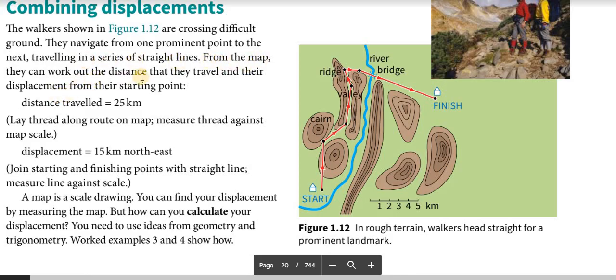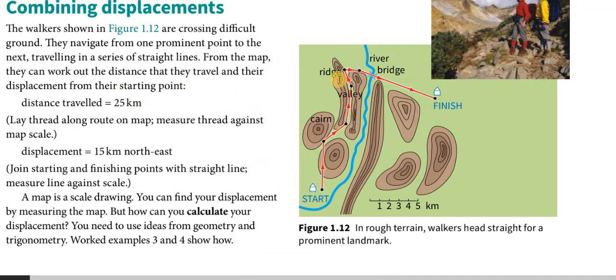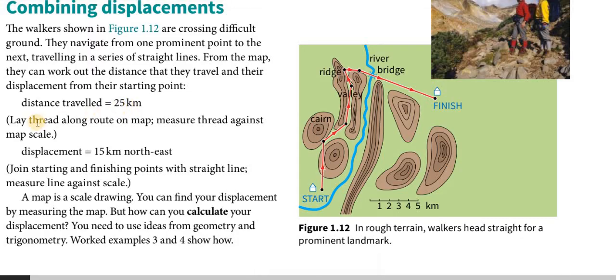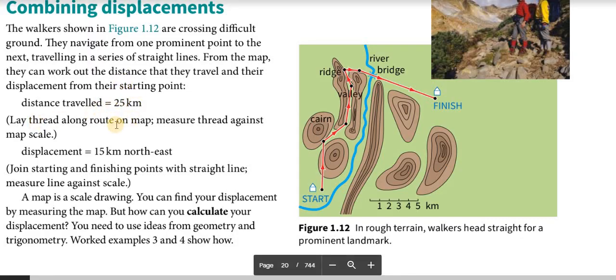From the map, they can work out the distance that they travel and their displacement from their starting point. Okay, so here is a map. From here to here it's a straight line. We can get the distance, this distance plus this distance plus this, and this will give you the total distance. Okay, so that is 25 kilometers.